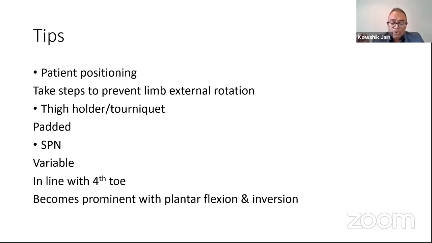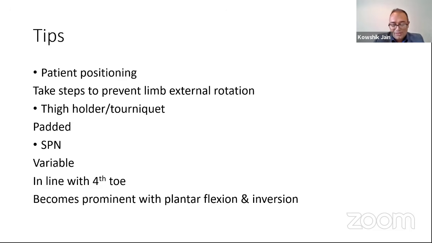The superficial peroneal nerve is the most commonly injured nerve when anterior ankle arthroscopy is performed. So it's mandatory that you take steps to prevent damage to this nerve. What makes it difficult is the course of the nerve is very variable.